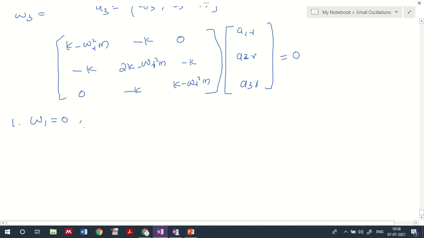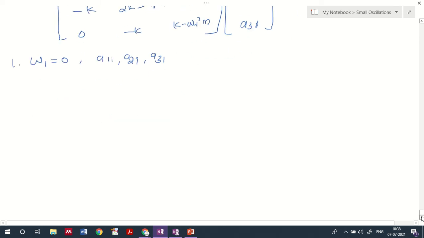If you have omega 1 equal to 0, we can find a11, a21, then a31 by this representation, right? The three eigenvectors a11, a21, a31 we can find by the omega 1 equal to 0 representation. Hope it is clear.